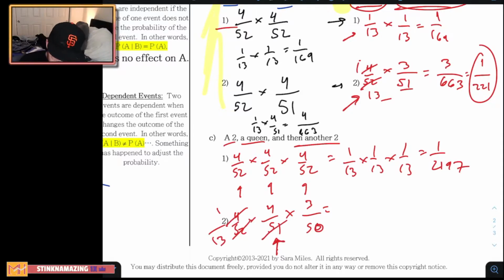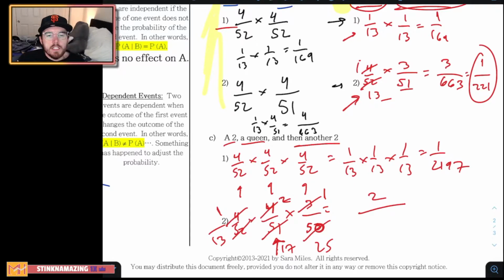So this would simplify to a 17, and this would cancel out. And then 4 and 50 are both divisible by 2. So this would go to 2, and this would go to 25. So 1 times 2 times 1 is 2. And 13 times 17 times 25 is 5,525.